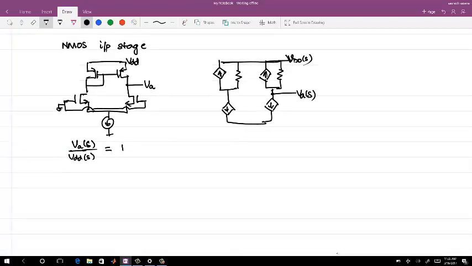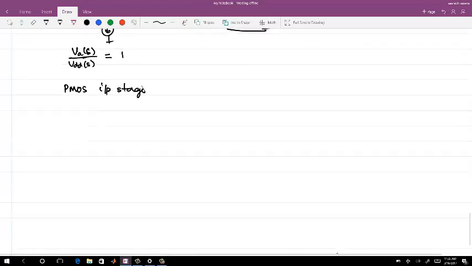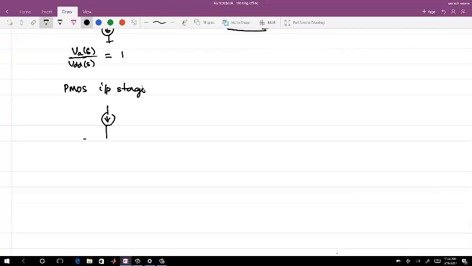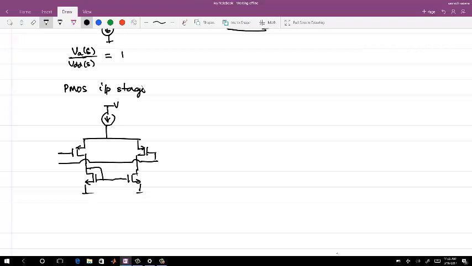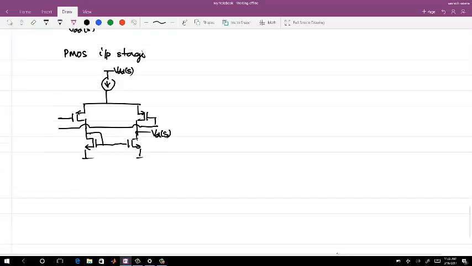Similarly, for the PMOS input stage, I am again looking for the amplifier output VA of S.